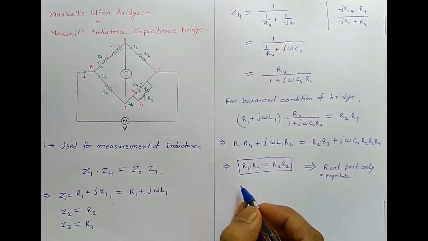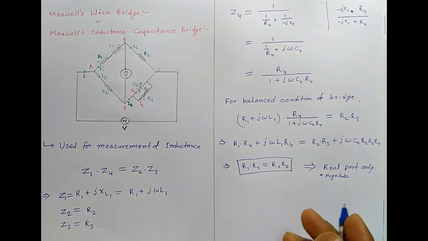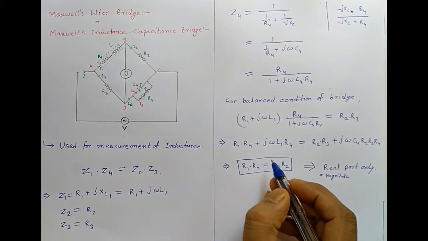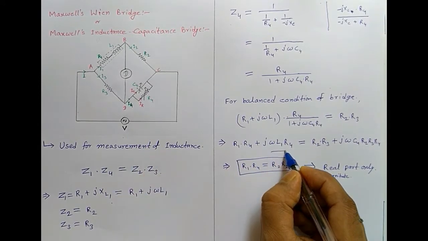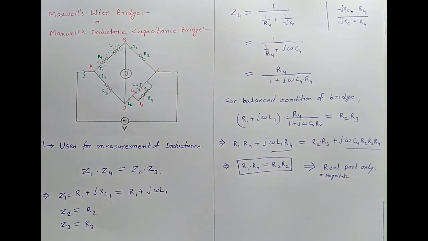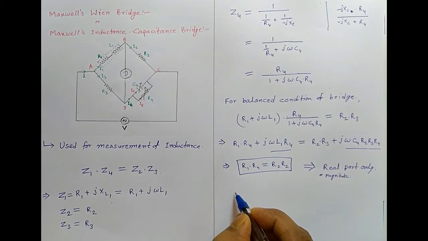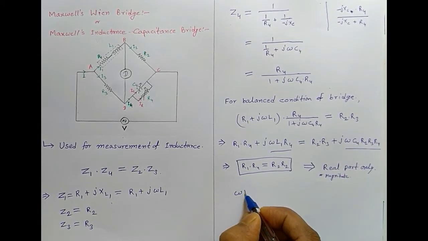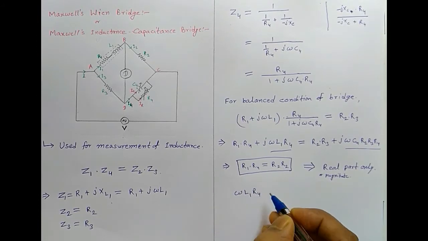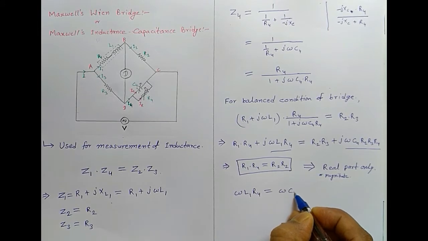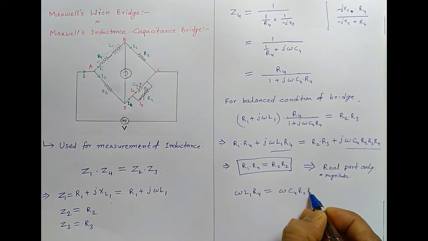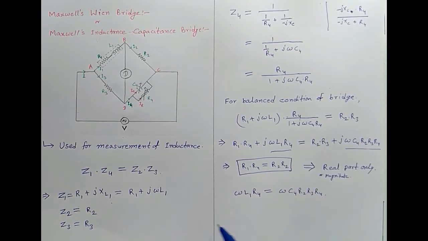But the bridge should also be balanced. That means, for the balancing condition of the bridge, the imaginary part will also be equal, so that the net omega L1 into R4 will be equal to omega C4 R2 R3 into R4.